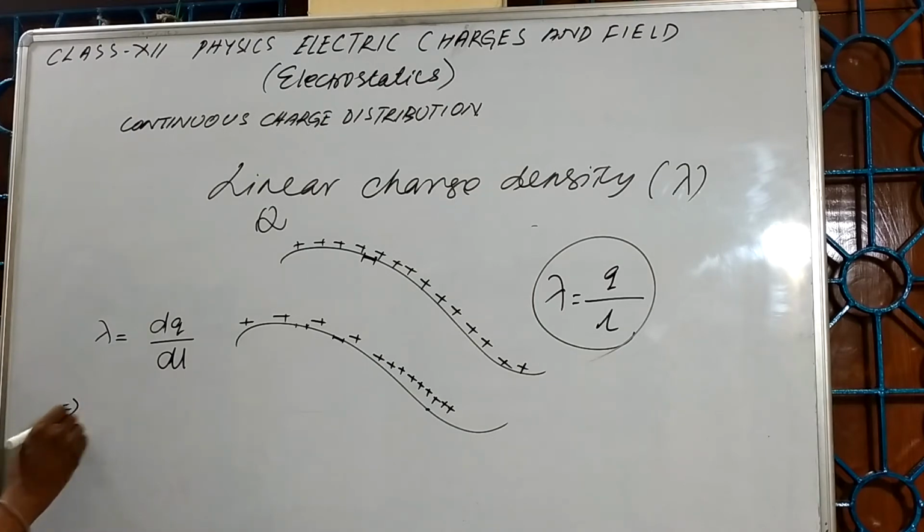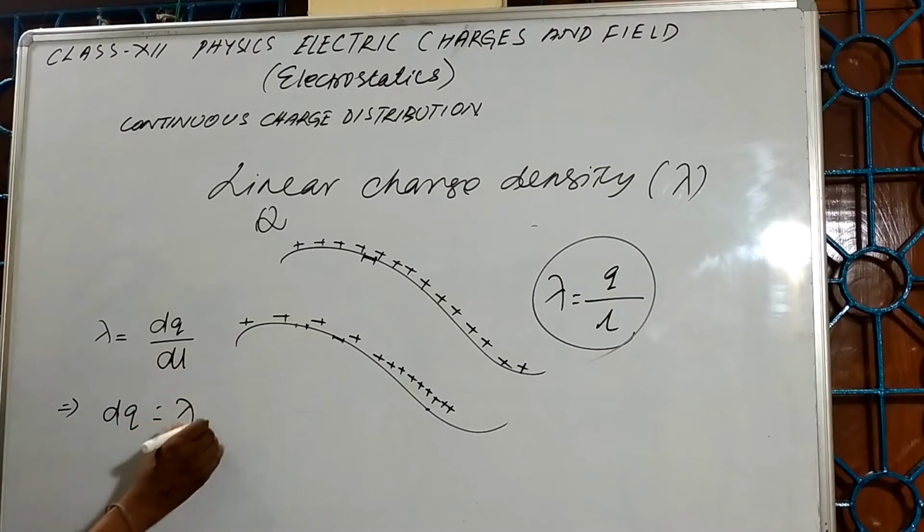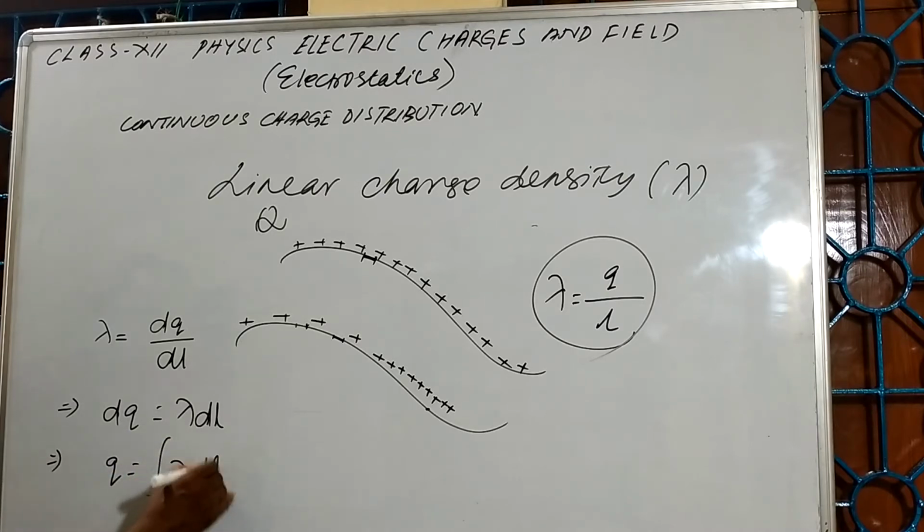I can write it this way, dq is equal to lambda into dl, or I can say that the charge q is the integration of lambda dl.